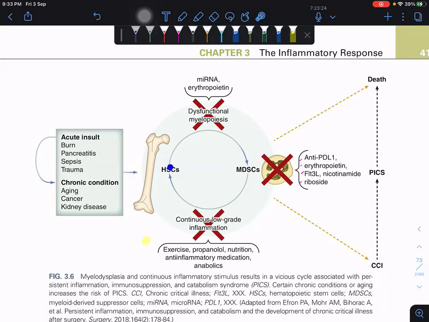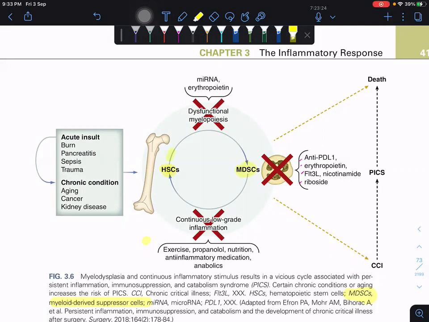This HSC will go into MDSC. MDSC means myeloid-derived suppressor cells. The HSC forms every cell, but this MDSC will only form myeloid-derived cells.